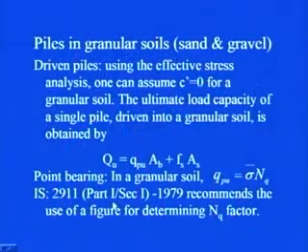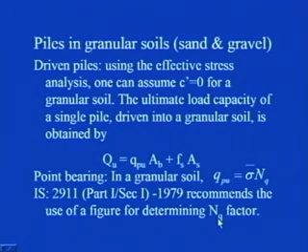But I am just giving you a feel of what exactly our IS code recommends as far as these NQ values are concerned. So, IS 2911 part 1 section 1 1979 recommends the use of a figure for determining the NQ factor.